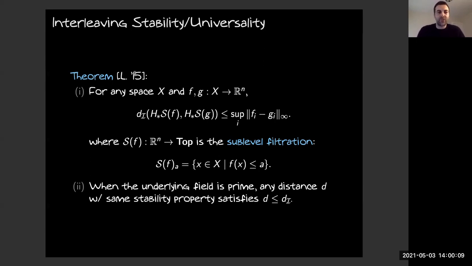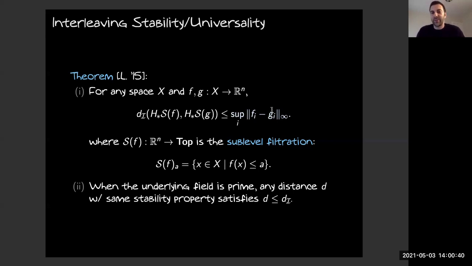And so this is a result from my thesis work, and it says, for any space X and functions from X to Rn, the interleaving distance between the persistent homology modules of the sublevel filtrations of F and G is bounded above by some kind of sup norm-like distance, right?